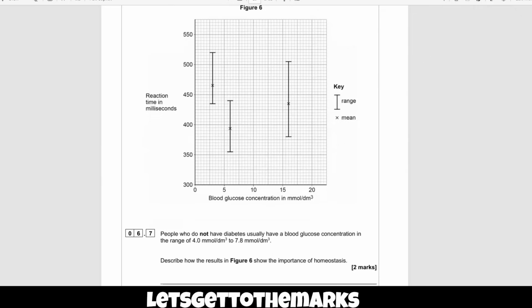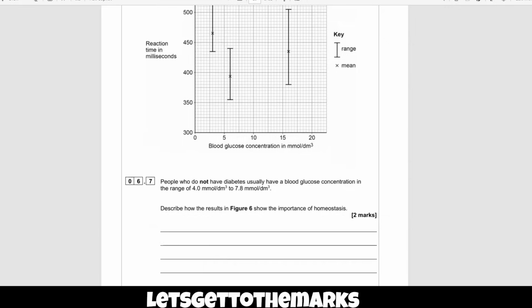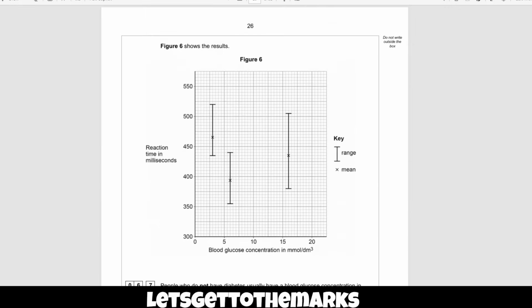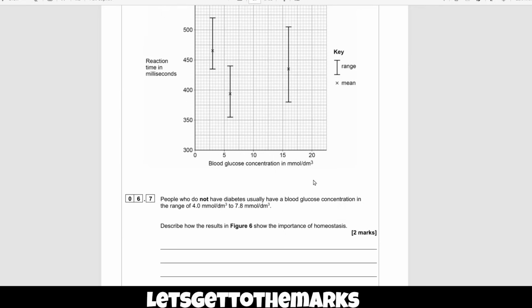This one's quite hard to interpret, but basically what they're saying is that the reaction times seem to be lower with people.